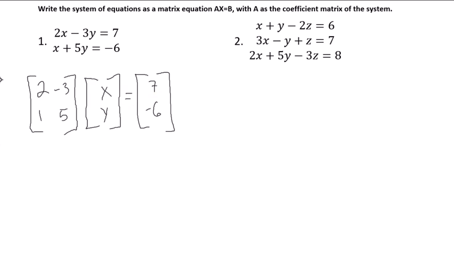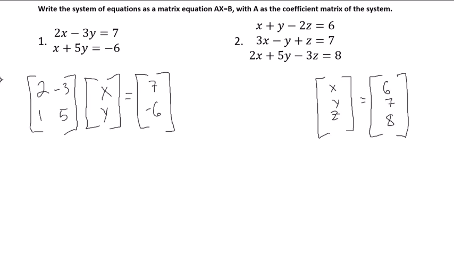All right, so let's do the same thing with our second example. So we're going to start by creating the x, y, z matrix, and that will equal the 6, 7, and 8.